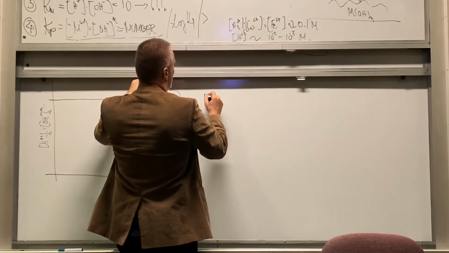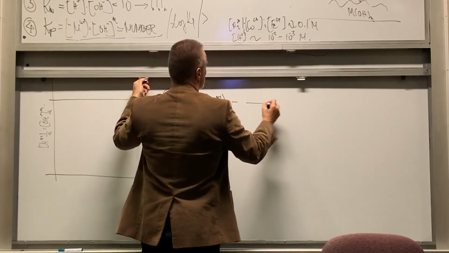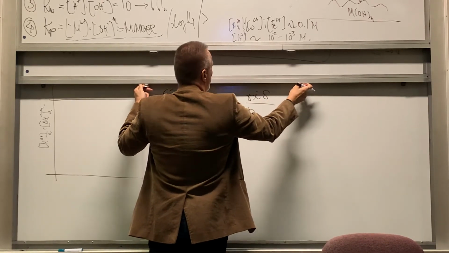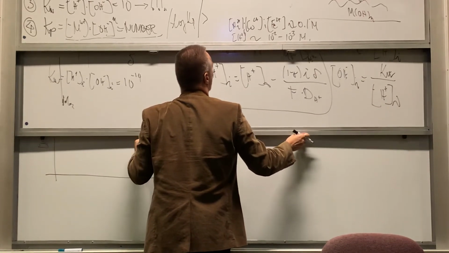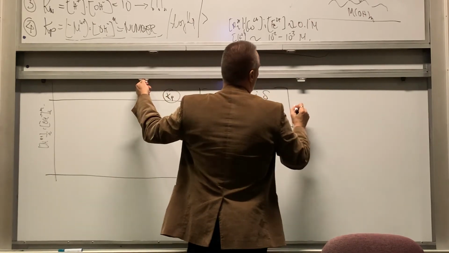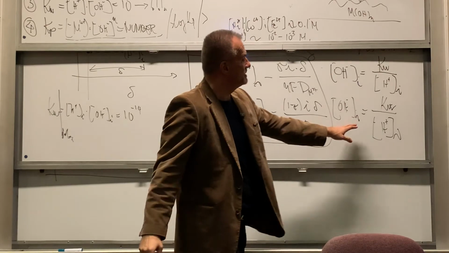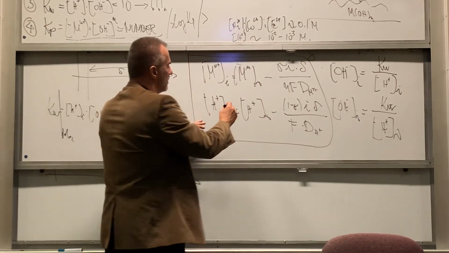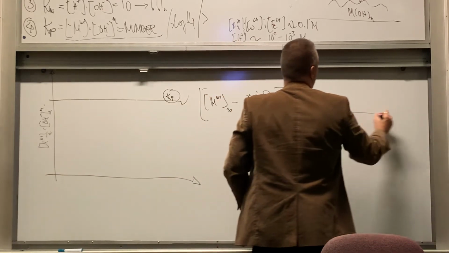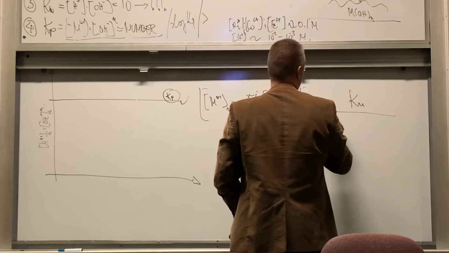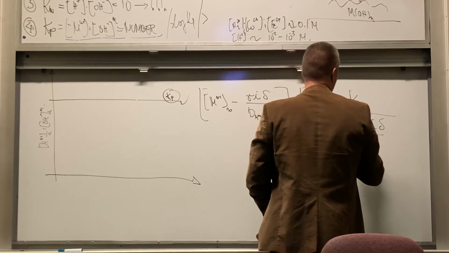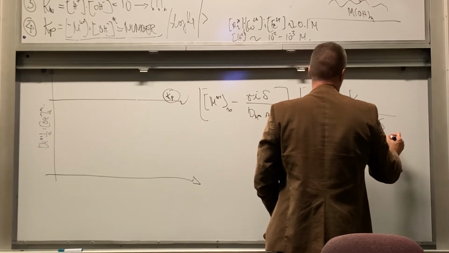All right, so it's the metal ion concentration in the bulk minus gamma I delta over dm plus, times F, which multiplies this thing here, which is Kw divided by H plus bulk, minus 1 minus gamma I delta over dH plus, to the n, is equal to 1, so it's just F, right?